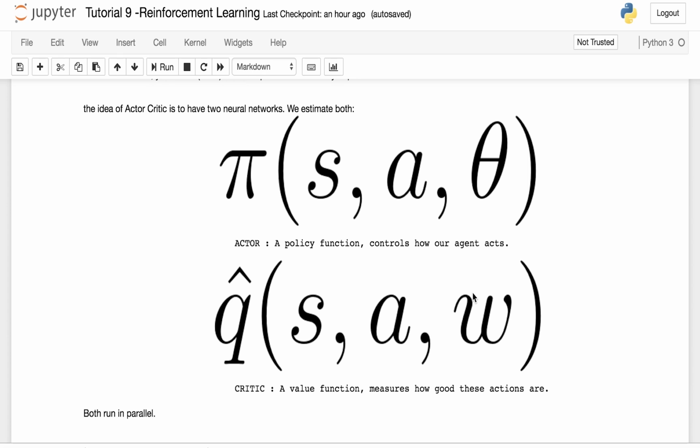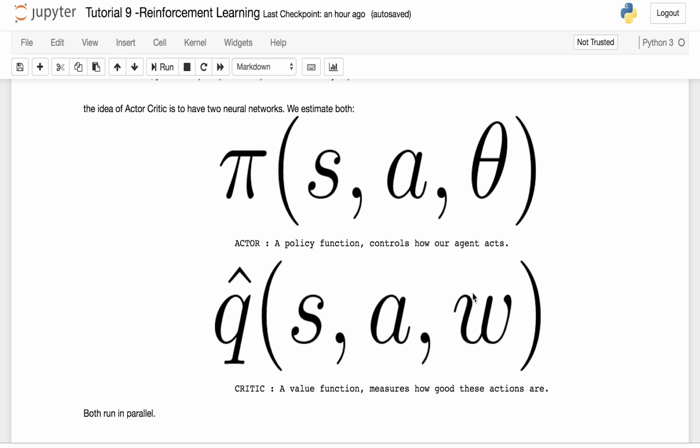Both of these are actually two neural networks. One of them optimizes theta, and one of them optimizes w, for the same reward and the same action. Both of them are learned on the same experience, and only theta and the weights are separate.